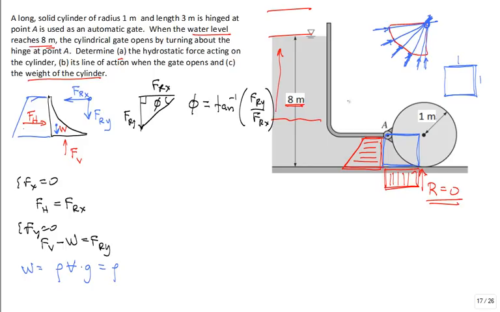And then I'll subtract off a quarter of a circle of radius 1. So the volume is going to be 1 by 1 meter minus 1/4 of pi r squared.